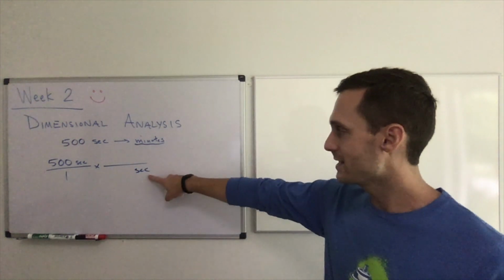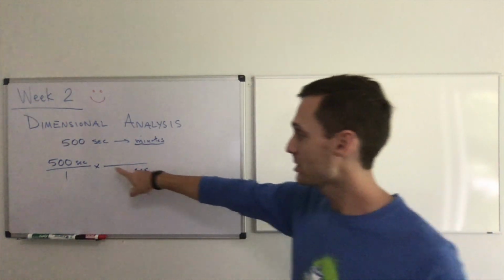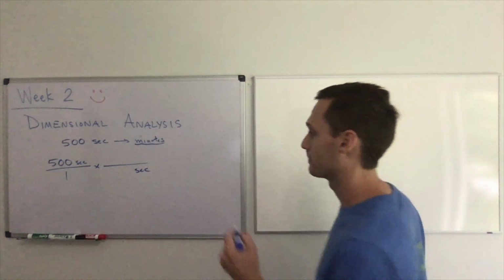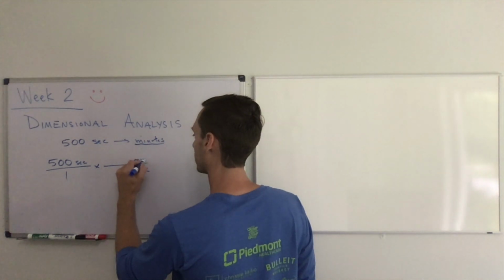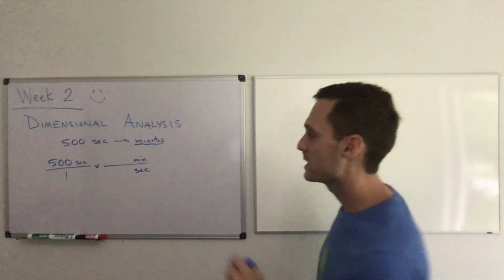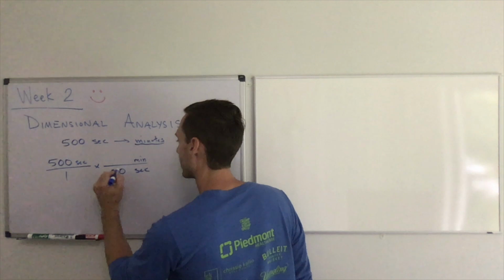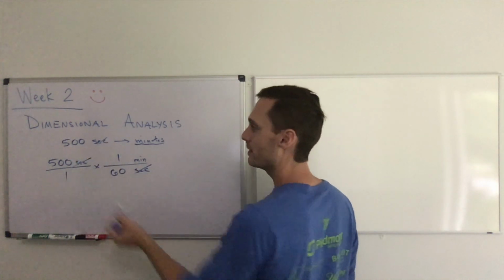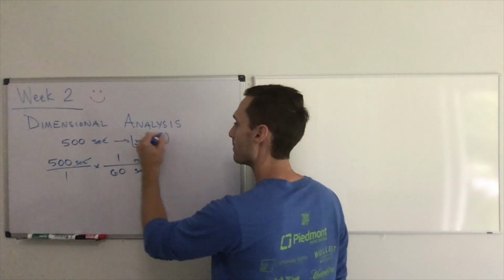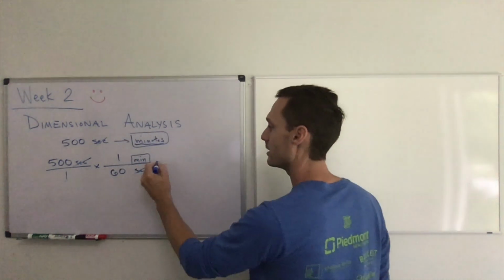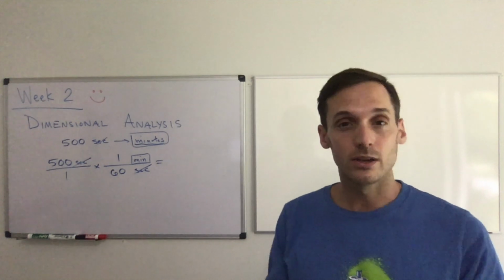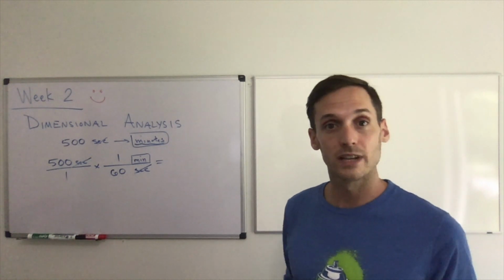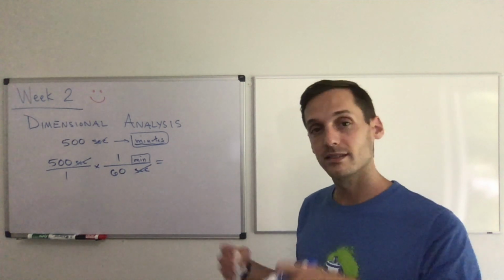If it's in the denominator of our second fraction, it's going to cancel with the unit that's in the numerator of our first fraction. We can then put minutes up top because we know 60 seconds is 1 minute. Seconds would cancel, so that gets rid of that unit that we don't want. Minutes is what we're left with here, and so that would be the only thing we have to do in order to do this dimensional analysis problem from going from seconds to minutes.